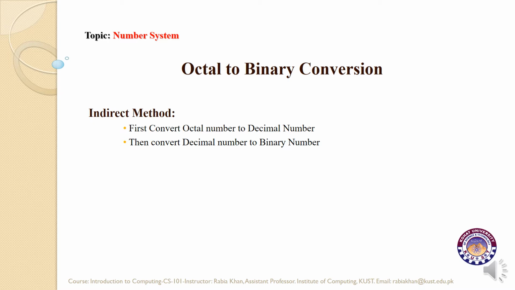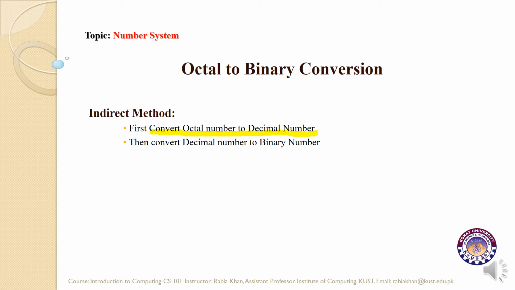The technique says it consists of 2 steps. The indirect method is a 2-step method. In first step, we have to convert the given octal number to its respective decimal number. And this conversion, octal to decimal, has already been covered in previous lecture.